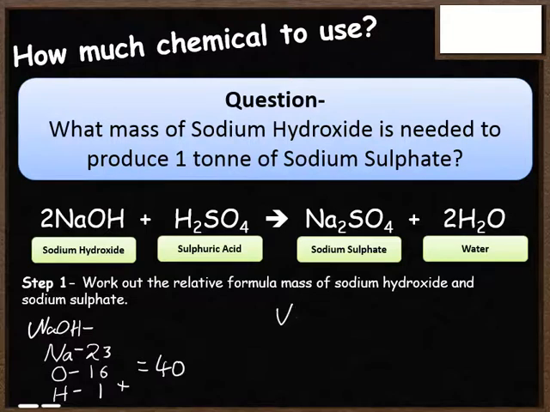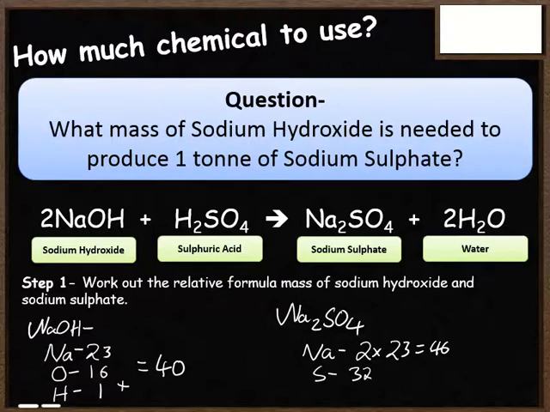Next step is to do exactly the same thing for sodium sulfate. So sodium sulfate is Na2SO4, and again Na is 23. However, this time there are 2 sodiums, so I need to do 2 times 23 to get myself 46. Then I need to work out the relative atomic mass of sulfur from my periodic table.